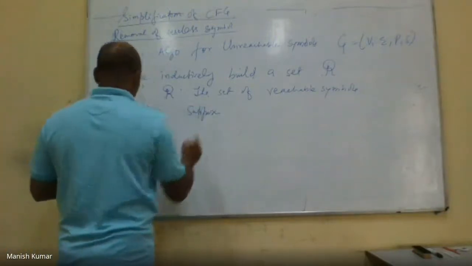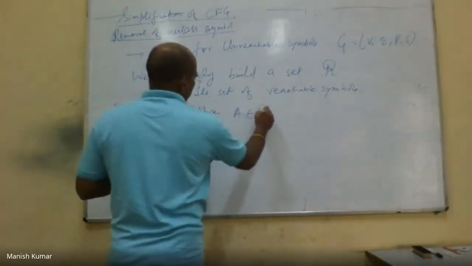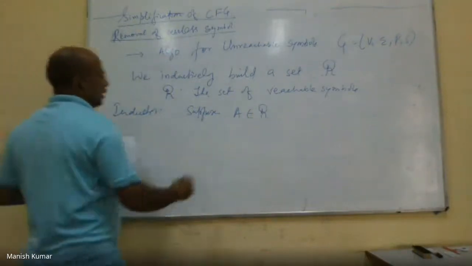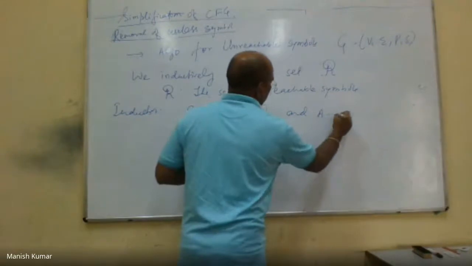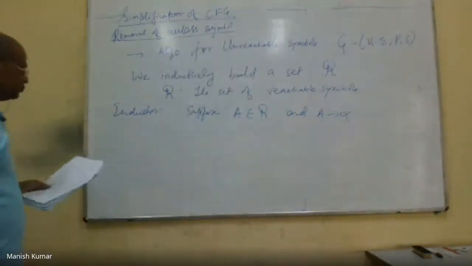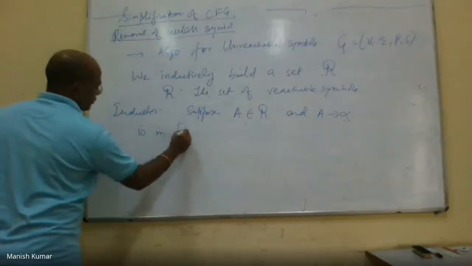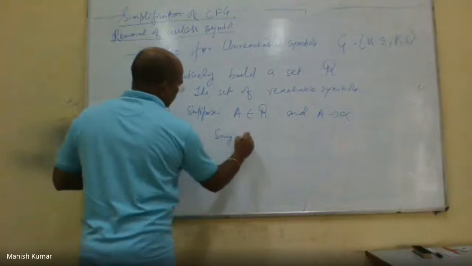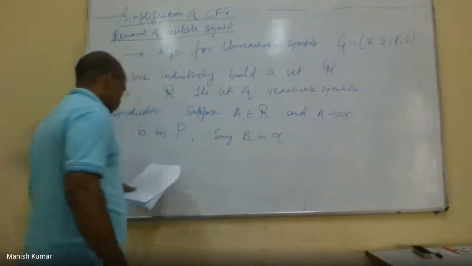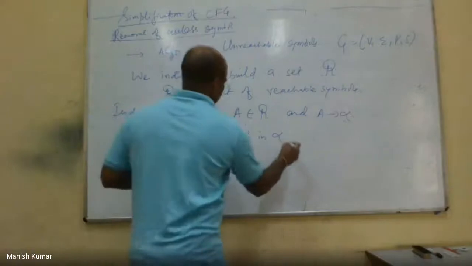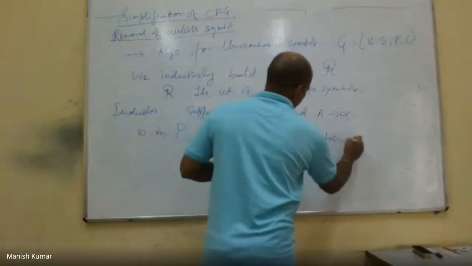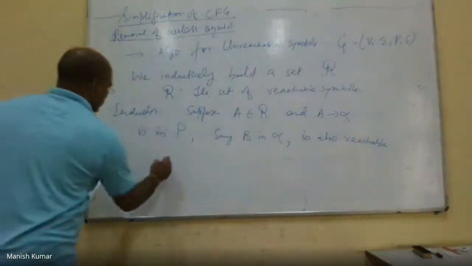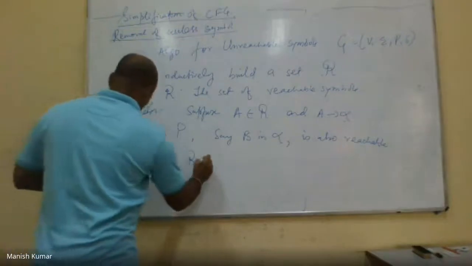Suppose A belongs to R, and A defines alpha, that is, A to alpha is in P. Say B in alpha is also reachable. And hence this R will be updated.